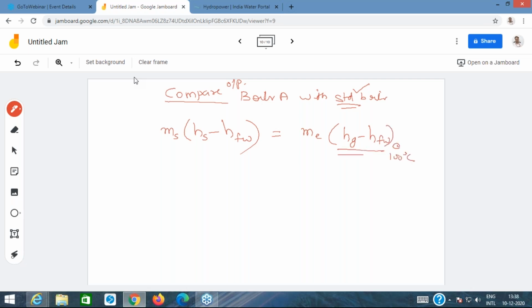How much is this value? Tell me from the steam tables.